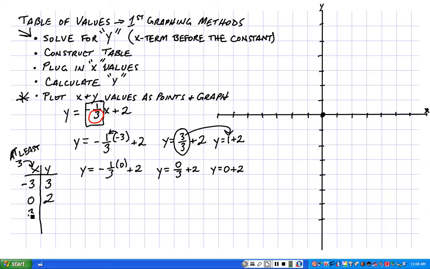Then lastly, now you're going to plug in a positive 3, so y equals a negative 1/3 times a positive 3 plus 2. 3 times a negative 1 is now a negative 3, and you still got the 3 on bottom, plus 2, and a negative 3 divided by 3 is a negative 1. So you now have negative 1 plus 2. And negative 1 plus 2 is 1. So there are your points.